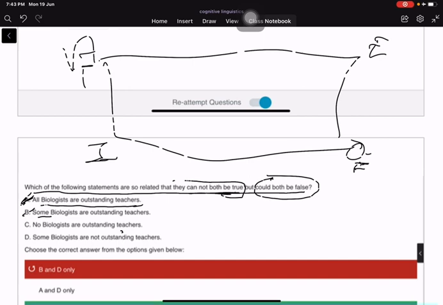But they cannot be true at the same time. This is what it says. So all biologists are outstanding teachers, and no biologists are outstanding teachers is one of the correct options. And some biologists are outstanding teachers.